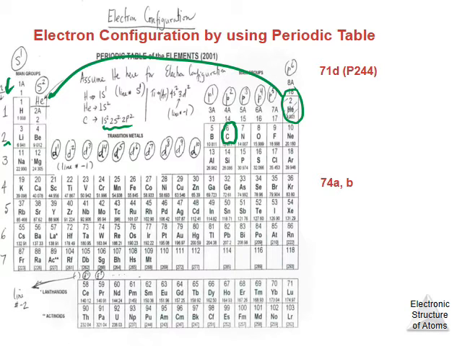Now let me show you one example of a transition element. Let's pick titanium. Again, I'm reading the book starting from line 1. 1s2, I'm done with line 1. 2s2, 2p6, I'm done with line 2. 3s2, 3p6, I'm done with line 3.